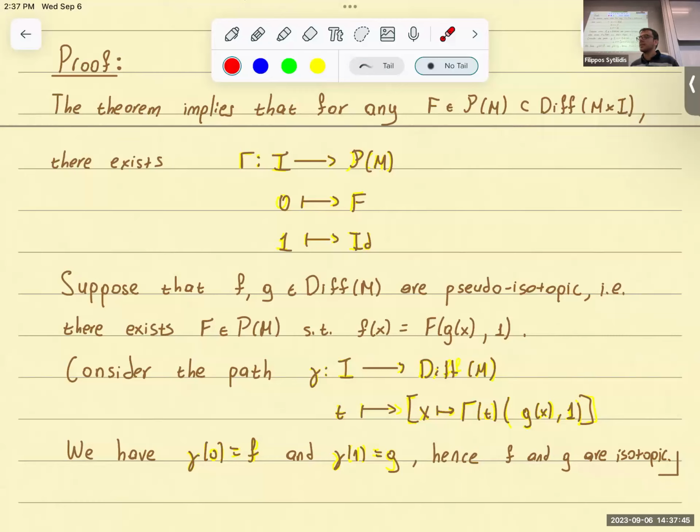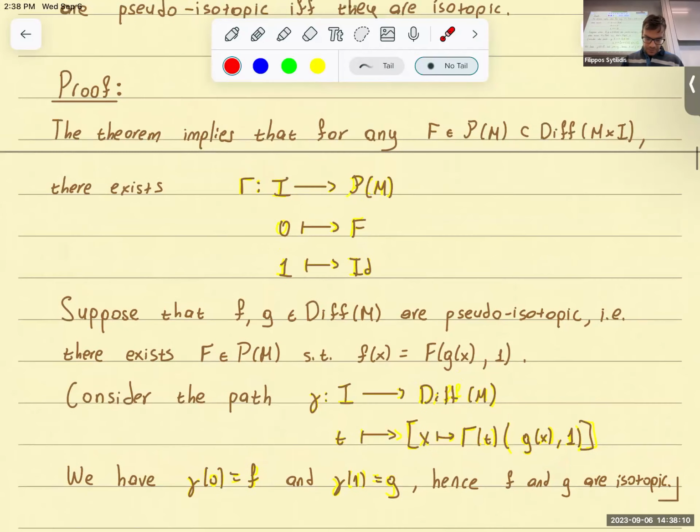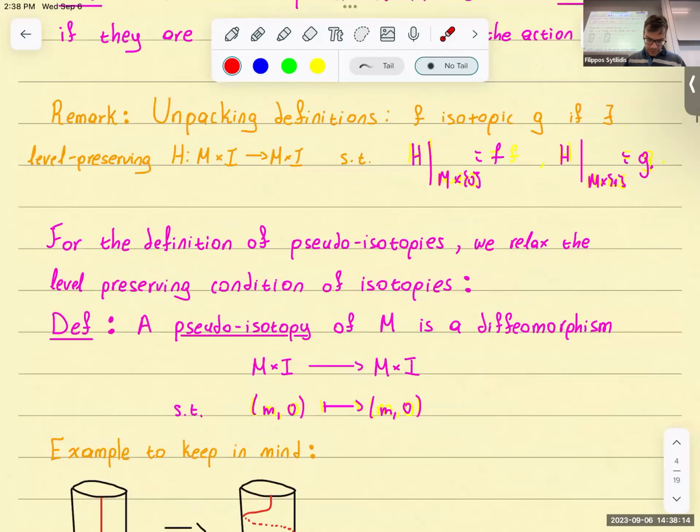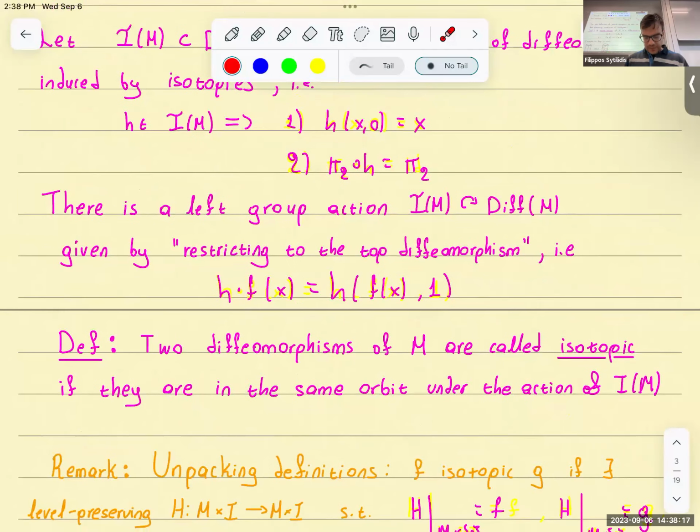I'm still looking at the assumption: suppose F and G are pseudo-isotopic, so there exists a capital F like this one. Which condition is that, from the definition of pseudo-isotopy? Let me go back to the definition of pseudo-isotopy. I didn't spell out the definition.